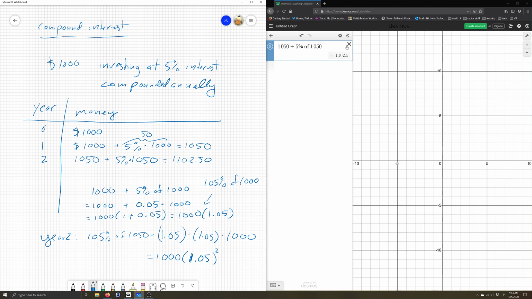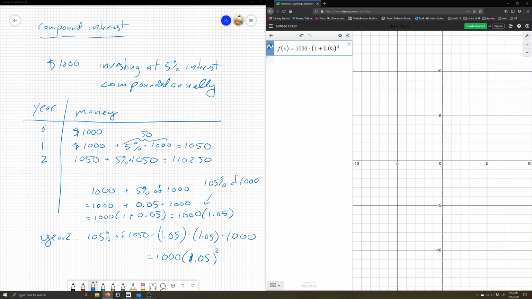And so what happens is you get the function f of x equals 1,000 times 1 plus 0.05 to the x.